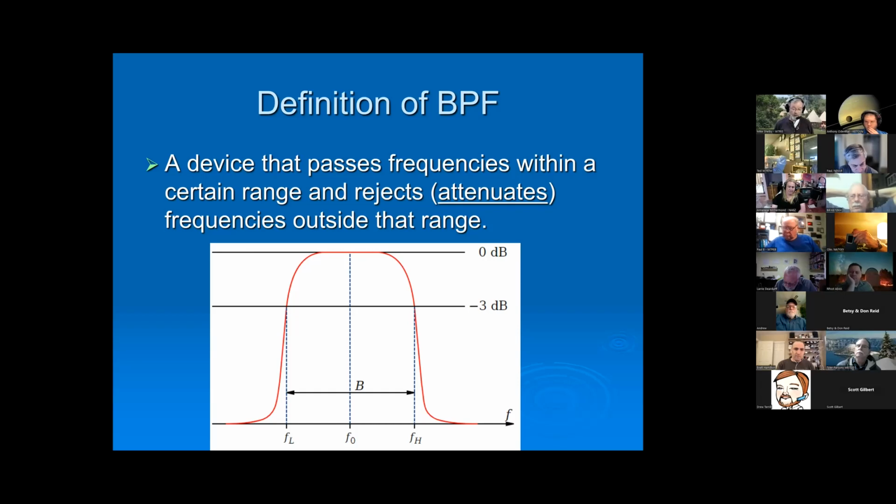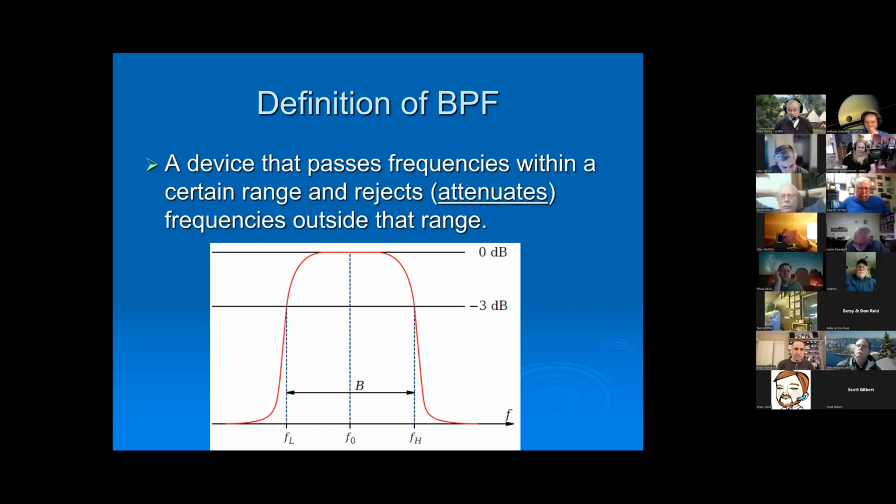The red represents the amount of signal that you're getting through, and where it goes down on the low shoulders on the left and right side, that represents that signal being attenuated, not totally rejected, attenuated. And we'll get into that a little bit more.